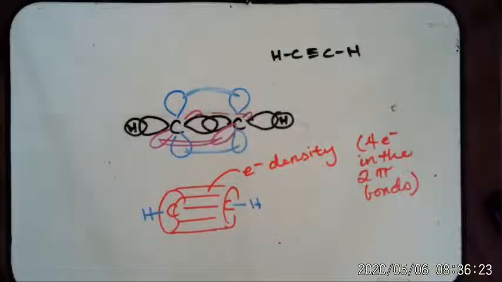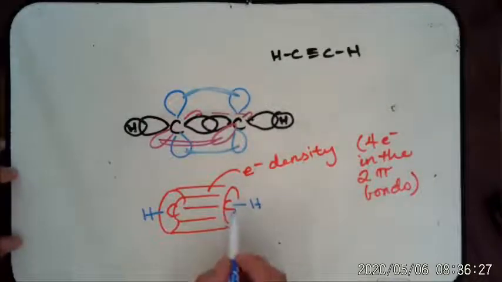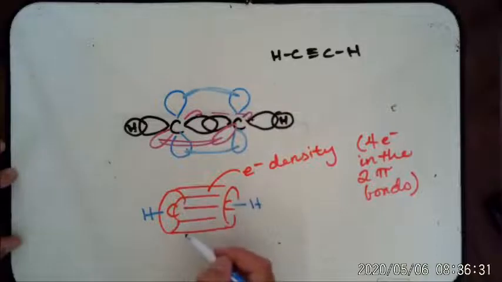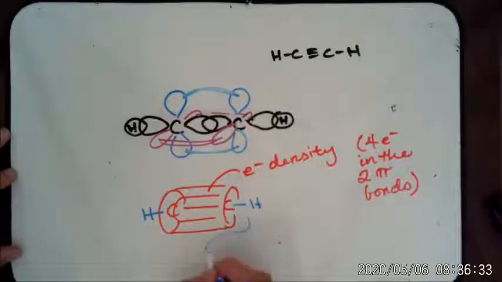It turns out that with my electron density in this way, when we talked about NMR, because of the movement of my electron density, the magnetic field that's produced shields these hydrogens.